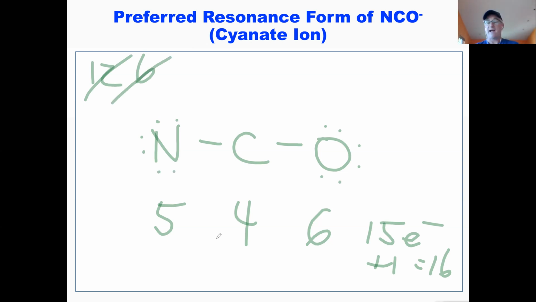All right. So now I've got all my electrons, but I have some obvious difficulties with octets. Nitrogen has an octet, oxygen has an octet, but poor carbon does not. So what am I going to do with the carbon to get it the octet it needs?